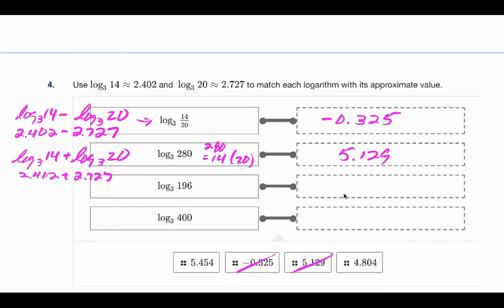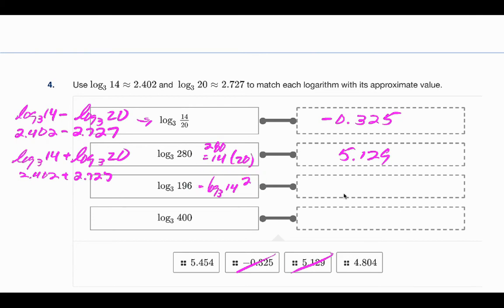Let's do one more, and then we'll see that the other one will just happen the same way. Now remember, this one here I can rewrite 196 is 14 squared. So this would be log to the base 3 of 14 squared. And remember, on that one there, since I have an exponent, I can bring that exponent out to the front.